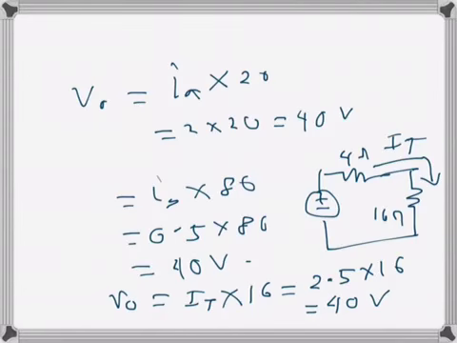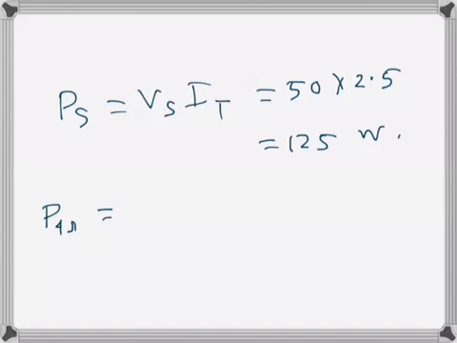The voltage drop across the 4 ohm resistance will be, since voltage drop here is 40 and here is 50 volts, 10. So power dissipated by that, we could have used I squared R, or we can use VI, so 10 times I, which is 2.5 here, so that's 25 watt.